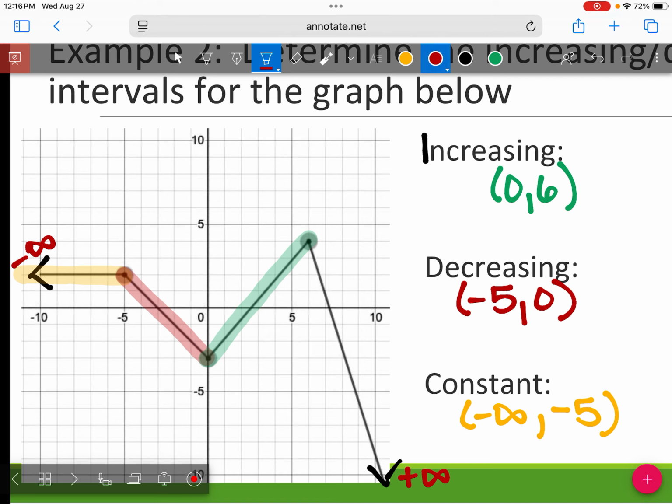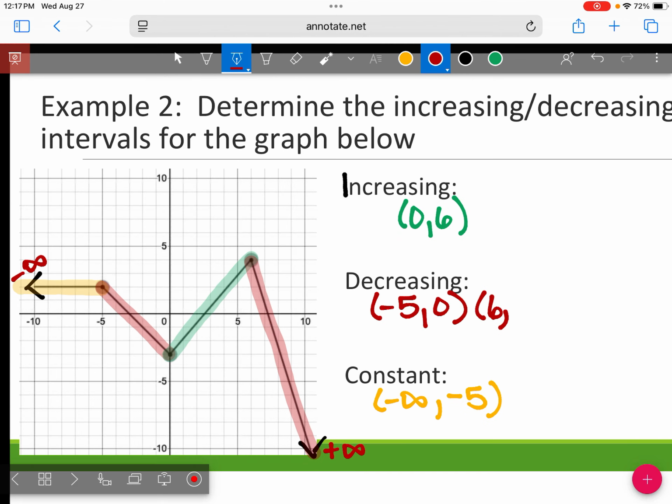And then starting at 6, it decreased. And it decreased from 6 to infinity. So this graph had 1 increase interval, 2 decrease intervals, and 1 constant interval.